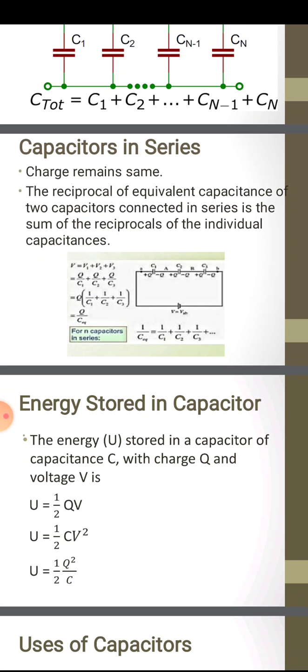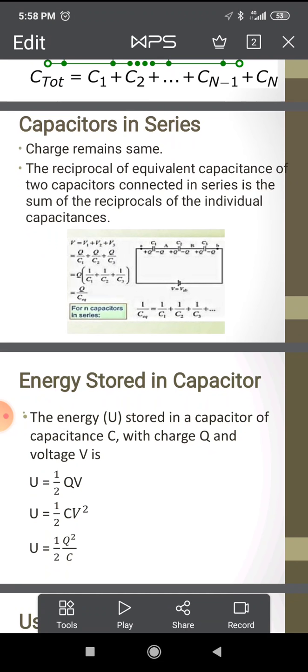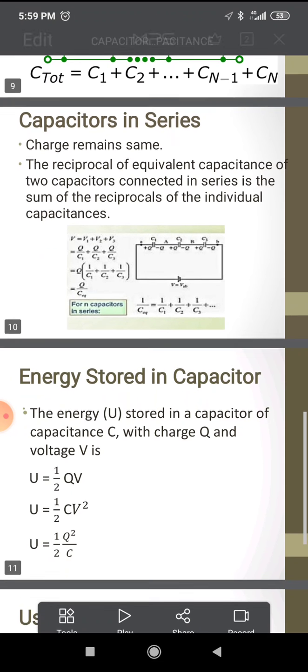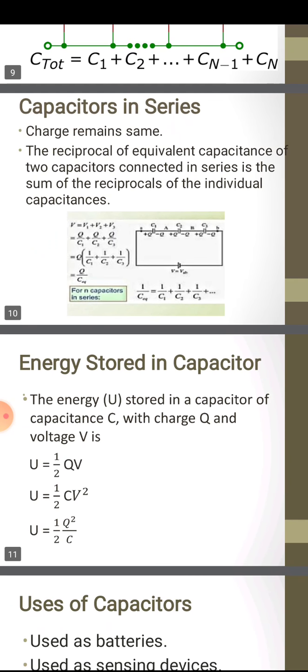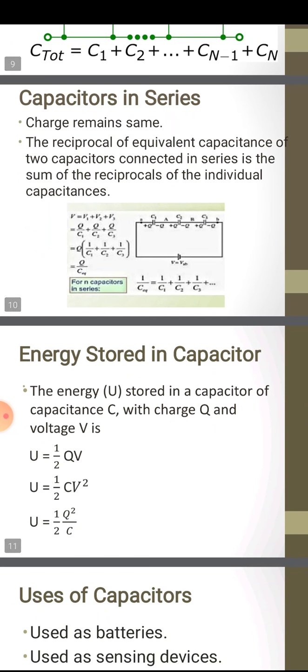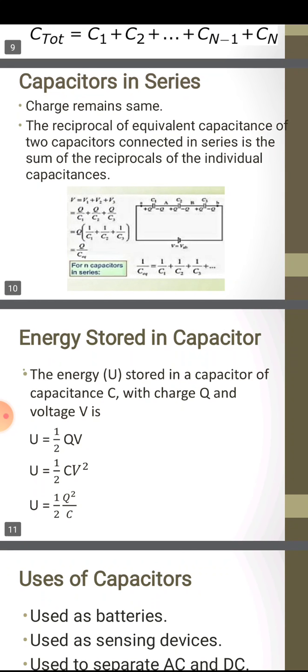In series, the charge on each capacitor is the same, but the potential is different. And definitely for potential across each capacitor, if V1, V2 and so on to Vn, then we will have V is equal to V1 plus V2 plus V3, and putting the values Q upon C1, Q upon C2, Q upon C3 and so on, because Q is the same on each capacitor plate, we will have this.